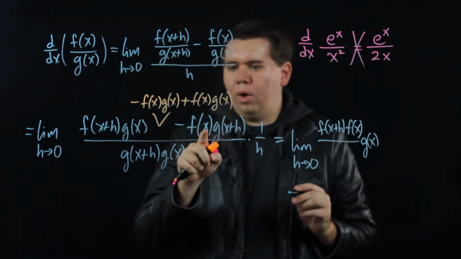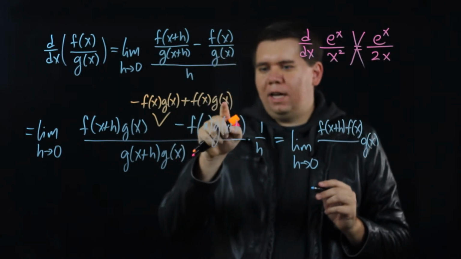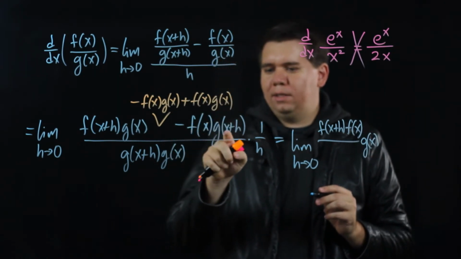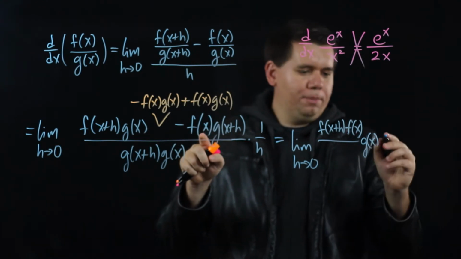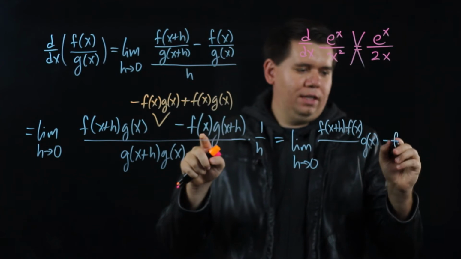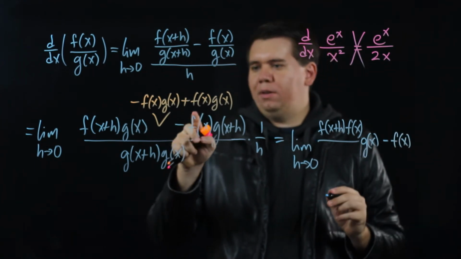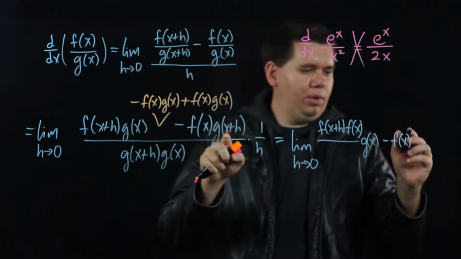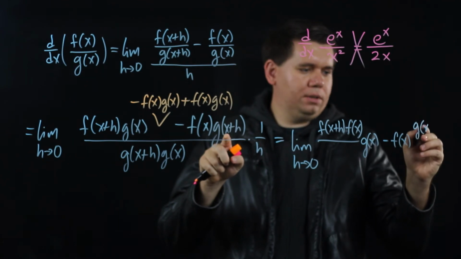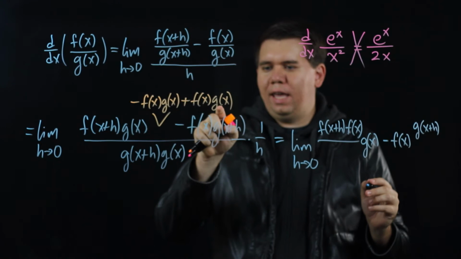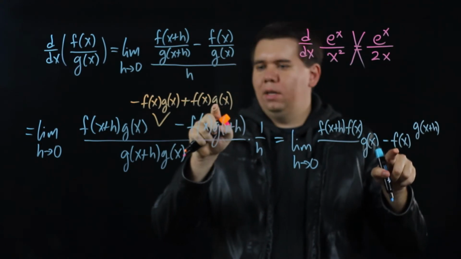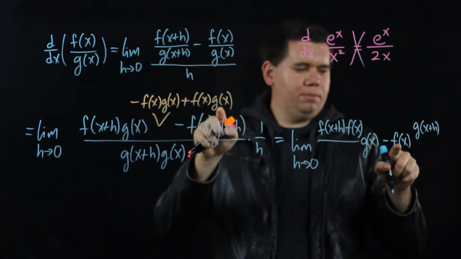And for the second one, I have an f of x times a g of x minus an f of x times a g of x plus h. So I'm going to pull out a negative f of x. Pulling out negative f of x leaves me with a positive g of x plus h. But then here it would be a negative g of x, because negative g of x with negative f of x would give you positive f of x times g of x.